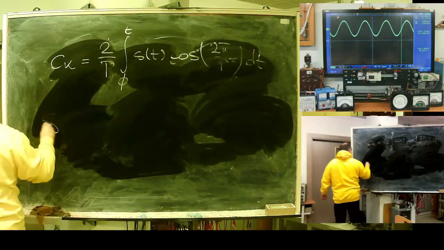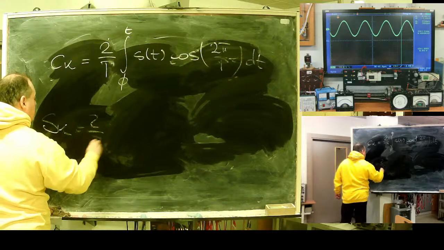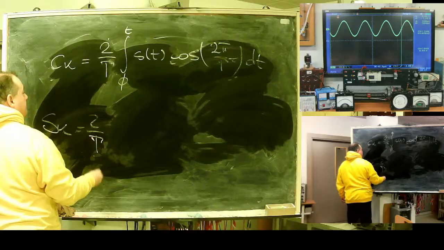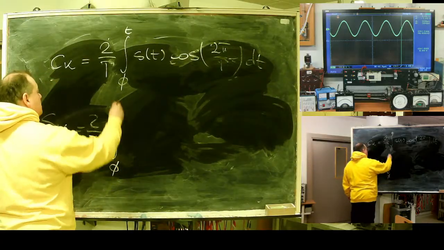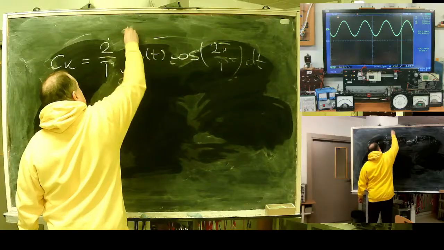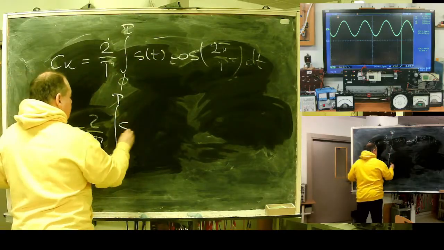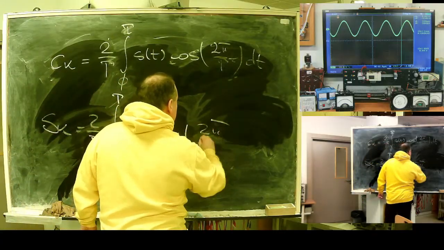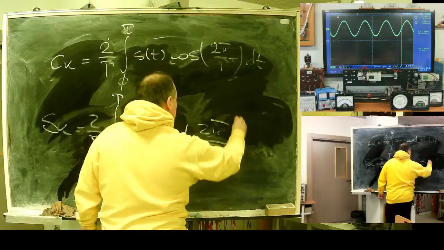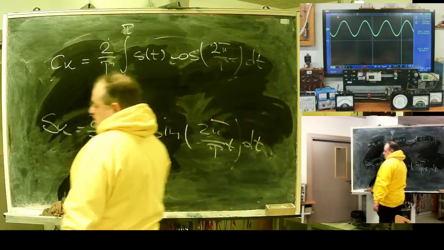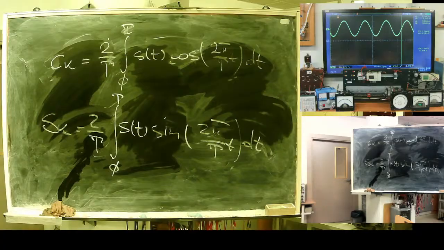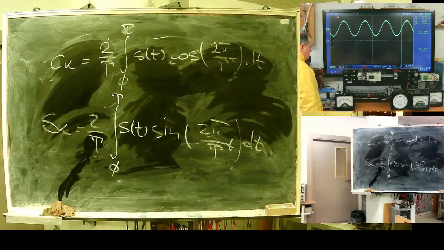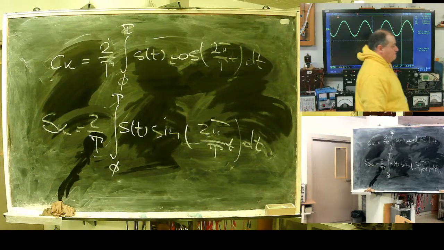And the sine factor can be obtained, sorry, here should be period, T capital, integrating the signal times sine of 2 pi divided by period multiplied by time, d time. These are classical formulas to obtain Fourier factors for Fourier series.